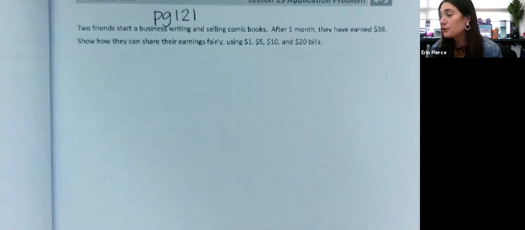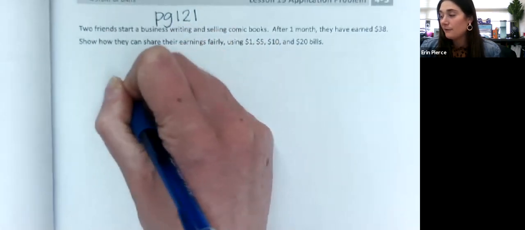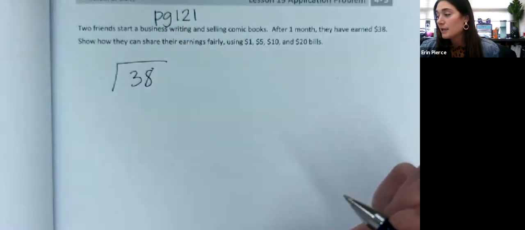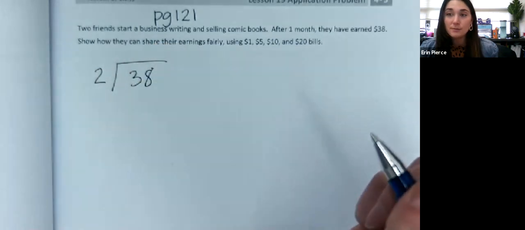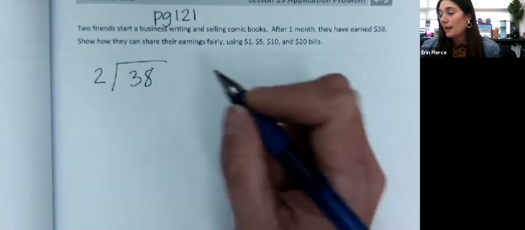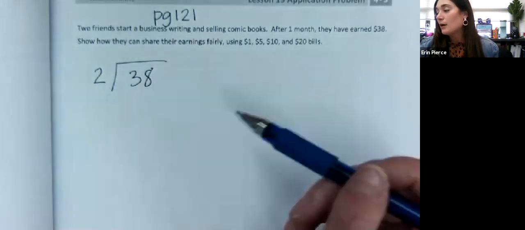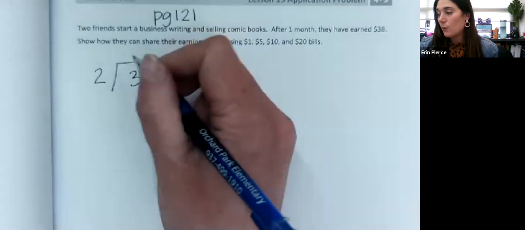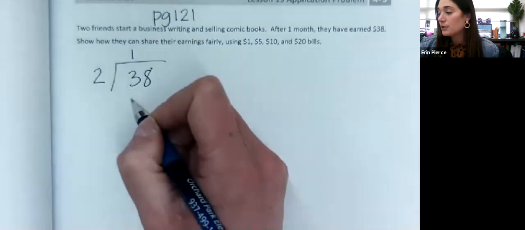So we have 2 friends, so we're going to be dividing. 2 friends dividing 38. Each person's getting $1 bills, so we're dividing 38 by 2. 3 divided by 2, I can only do that once. 1 would be in each group. 2 times 1 is 2.